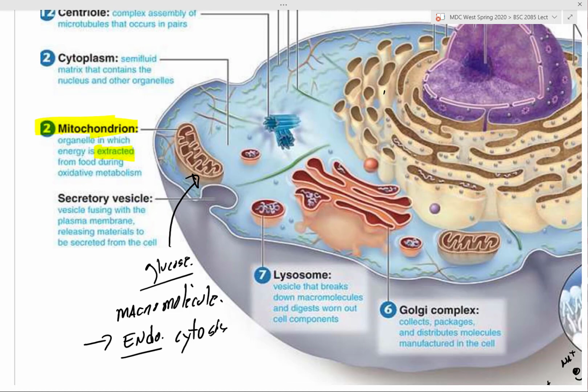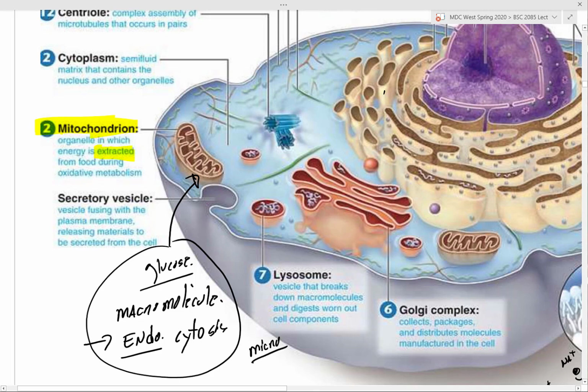Or a vesicle that is going to come inside and bring it over. If your molecule is a micro, not a macro, this is the example of macro. If we have a micromolecule, and I believe we talked about it, what is a micromolecule? Water, oxygen, CO2, right? These are tiny molecules, right?